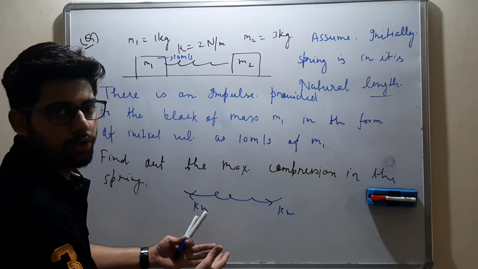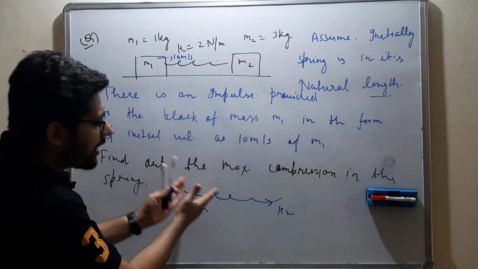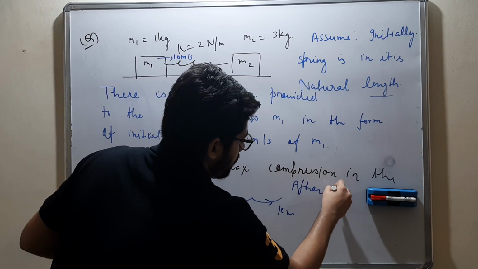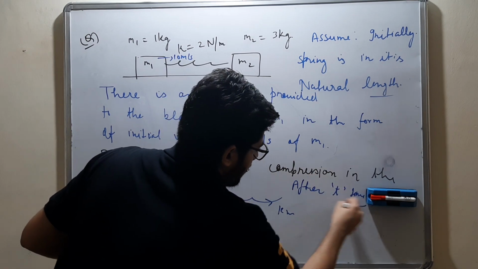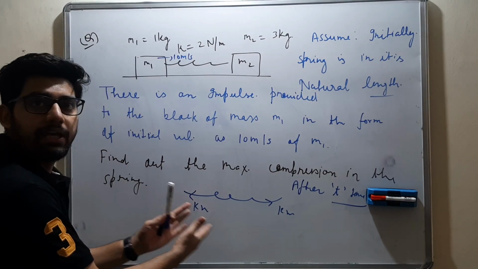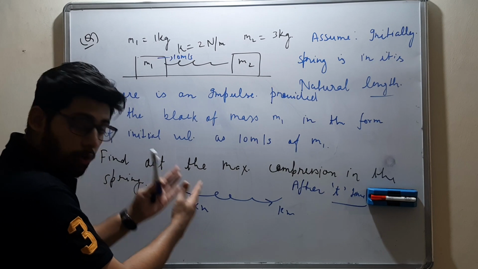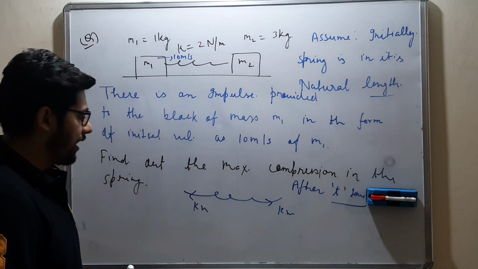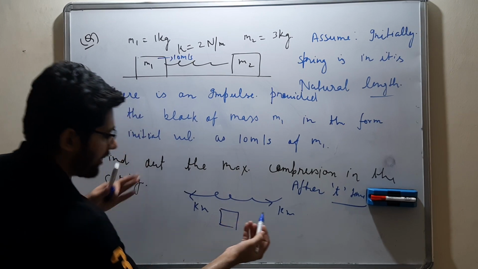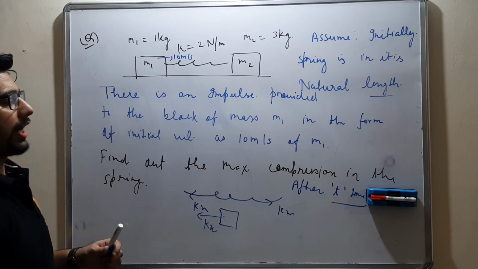At t equal to 0 we provided a velocity of 10 meter per second, and we are seeing this situation after time t. If you see the FBD of block m1, kx will be applicable like that.